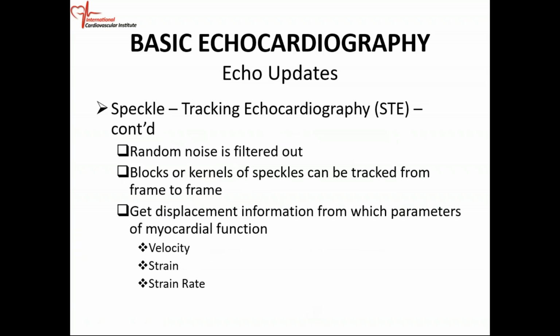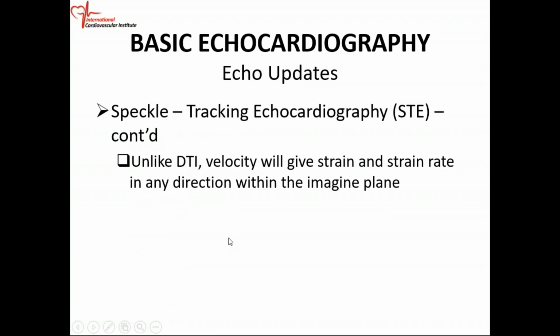Random noise is filtered out, so you just get the varying shades of gray. You can use speckle tracking echo to look at displacement information, such as velocity, strain, and strain rate. We're only interested in strain today.